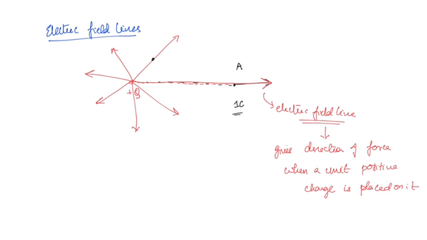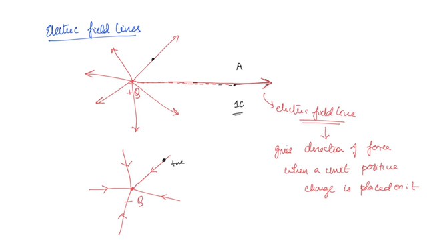Now similarly, you can draw electric field lines for a negative charge, minus Q. Here, the electric field lines are going to be radially inward. Why? Because when a unit positive charge is placed near it, you can take this point, let us say, it is going to experience an attractive force, because this is a positive charge and we have a negative charge.